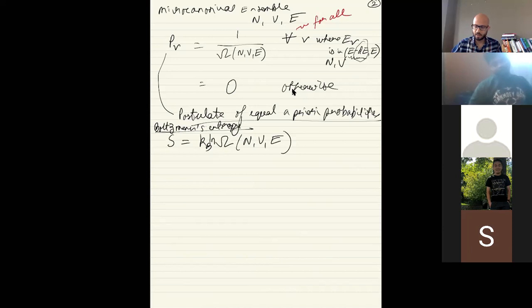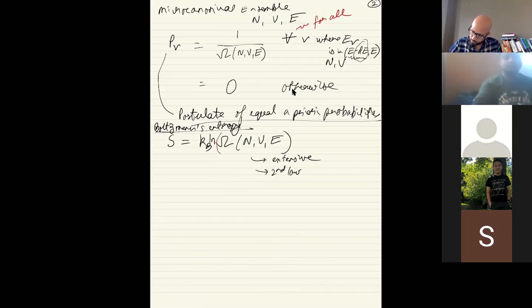And we showed that this follows all the nice properties that we expect of an entropy. It is extensive, it is consistent with the second law. As we go ahead in ensembles, we will always have a partition function.